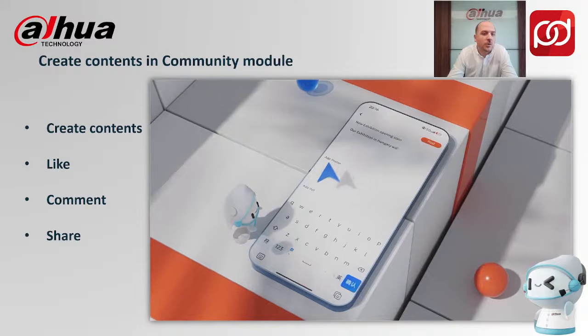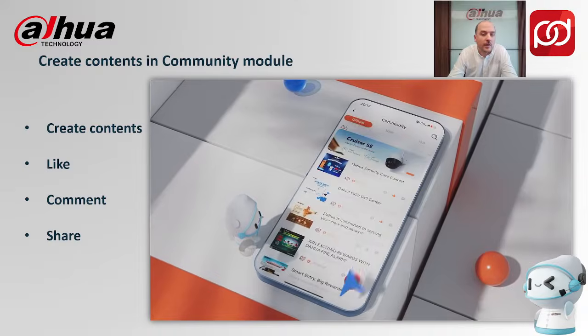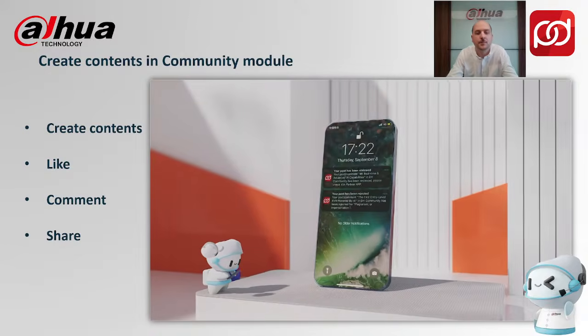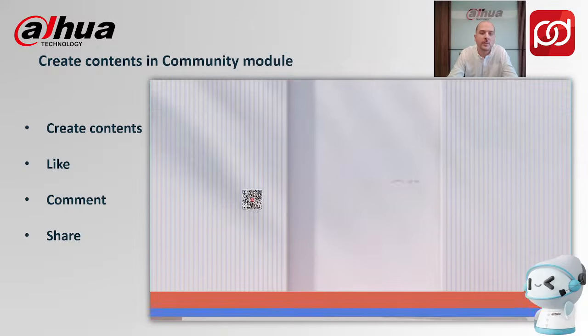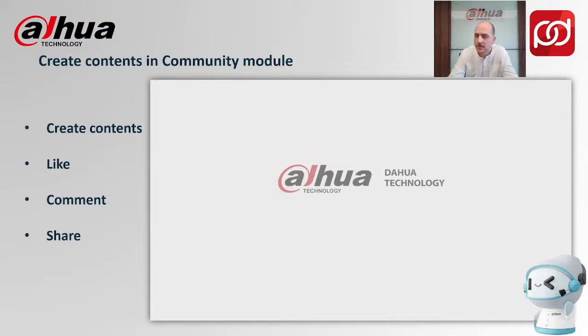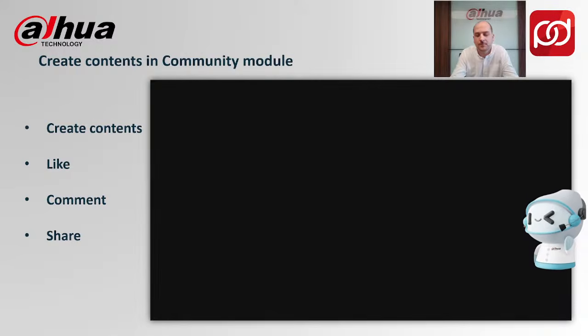Open a topic to discuss or share your experience or your references in the application with your local community. All the contents will be authorized by Dahua, therefore you need to wait for approval if you want to publish something. Once it has been approved, you will get a notification about it.